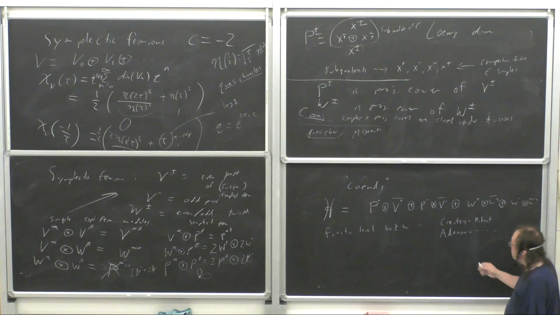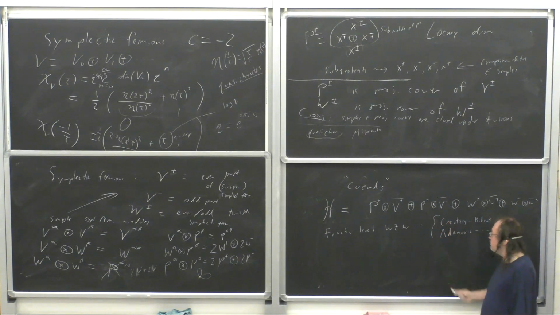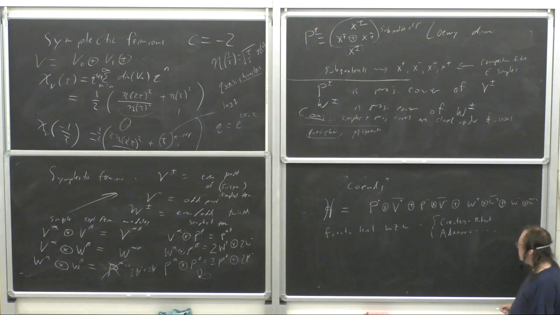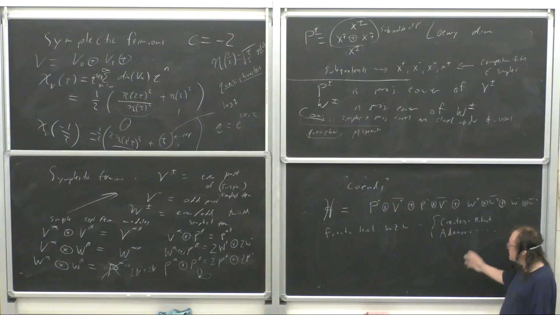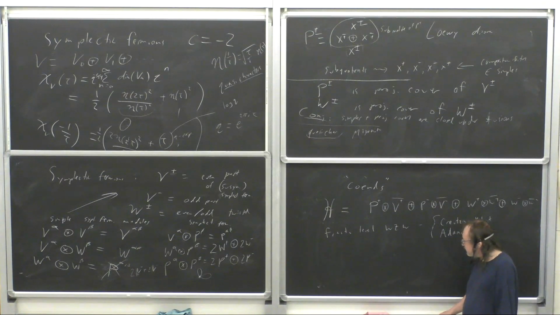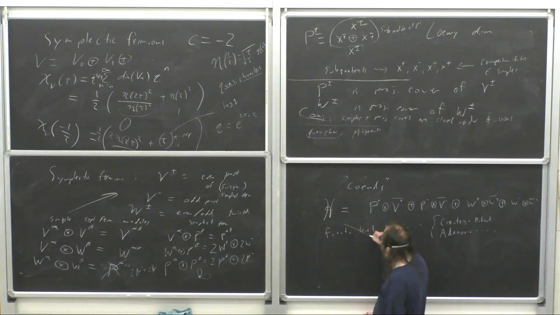And until then, it was pretty naive what people were doing here. And so we understand things that look like Verlinde formulas for this case, and when I say fractional level, generally what's meant by this is admissible.